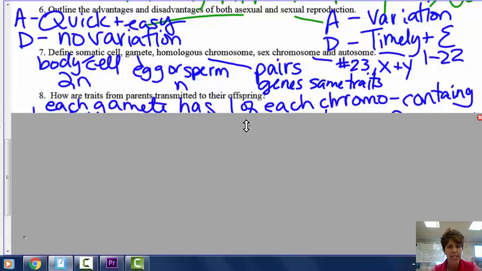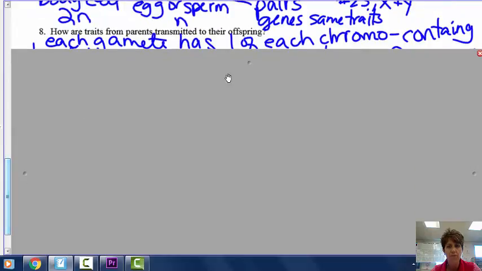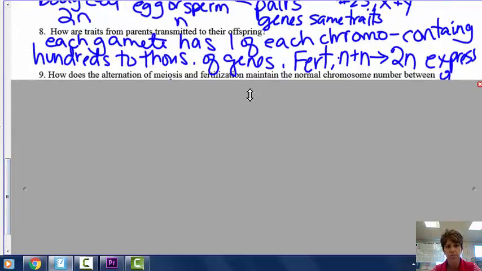All right, how are traits from parents transmitted to their offspring? So every gamete has 1 of each chromosome. Every chromosome has thousands of genes on it. All of those are transferred by the process of meiosis into an egg or into a sperm. Now you get this unique combination because an egg only has half the chromosomes from mom in it. So you get this unique bunch of 23 chromosomes.